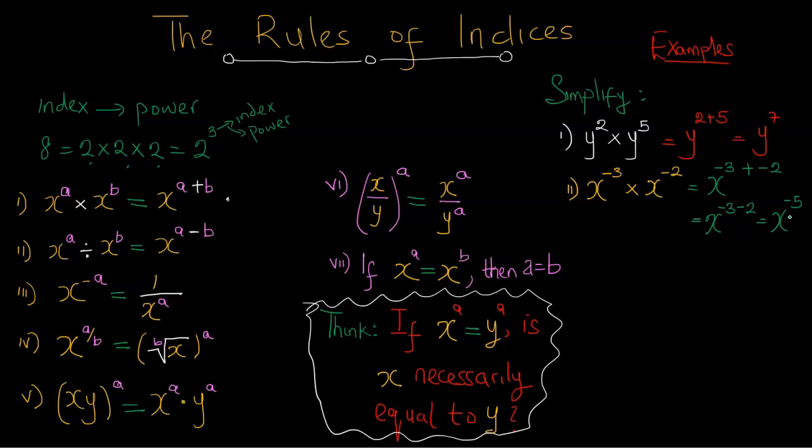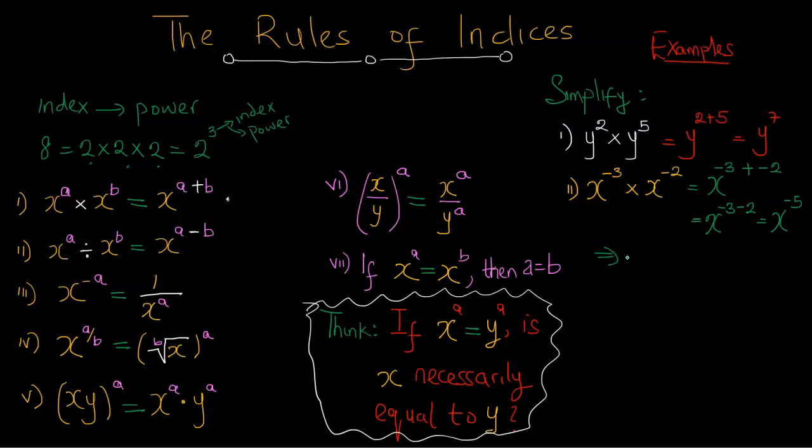But we may not necessarily stop here. We can still proceed further. What we have here has a negative index. Scanning through these laws, we would see that law 3 can still help us resolve this problem. The negative index is just going to translate to 1 divided by the base raised to the power of a. Comparing this, we would see that x remains x, but a equals 5.